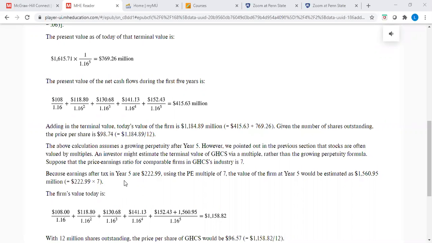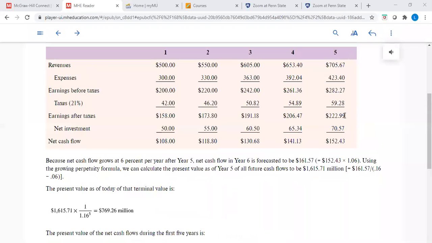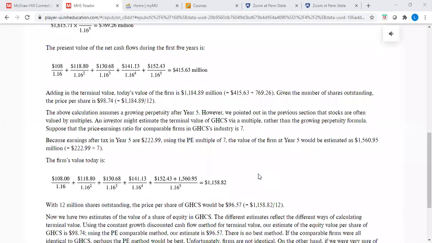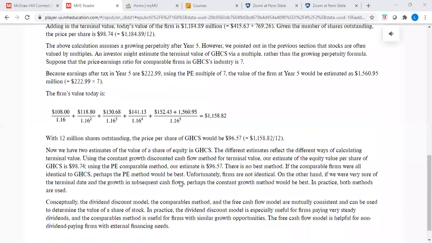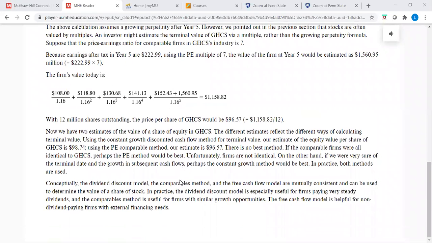Because earnings after tax in year 5, and that's what we're focused on here, earnings after tax up here, $222.99. You don't take investments into account, because that has nothing to do with price earnings ratio. We could then take 222.99 times the PE multiple of 7, and the value of the firm would be estimated at 1,560.95.